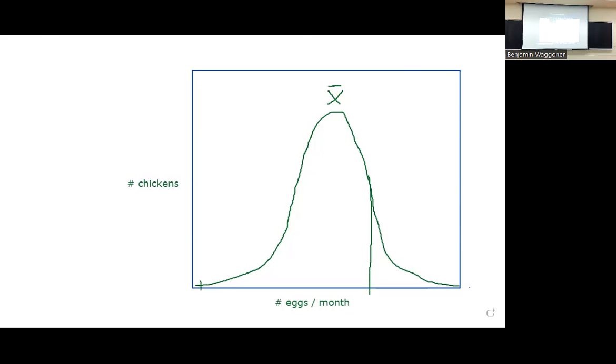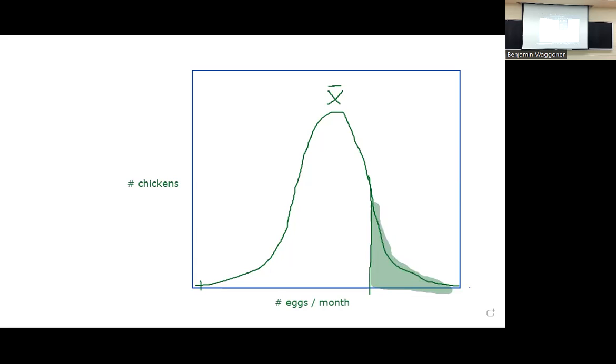I'm going to go ahead and shade that part. I'll shade that part green. Okay, those are the chickens that are allowed to survive and keep breeding. The rest end up in the stew. There we go.